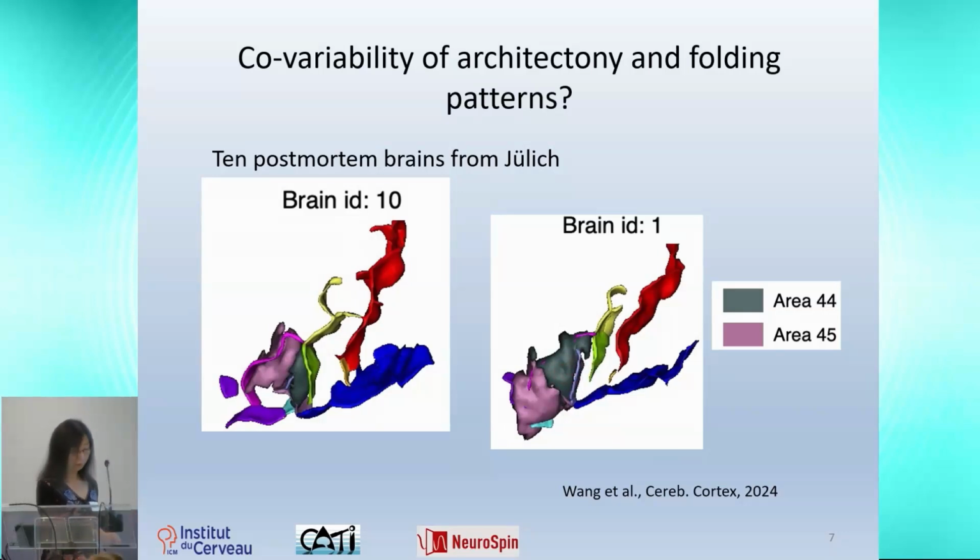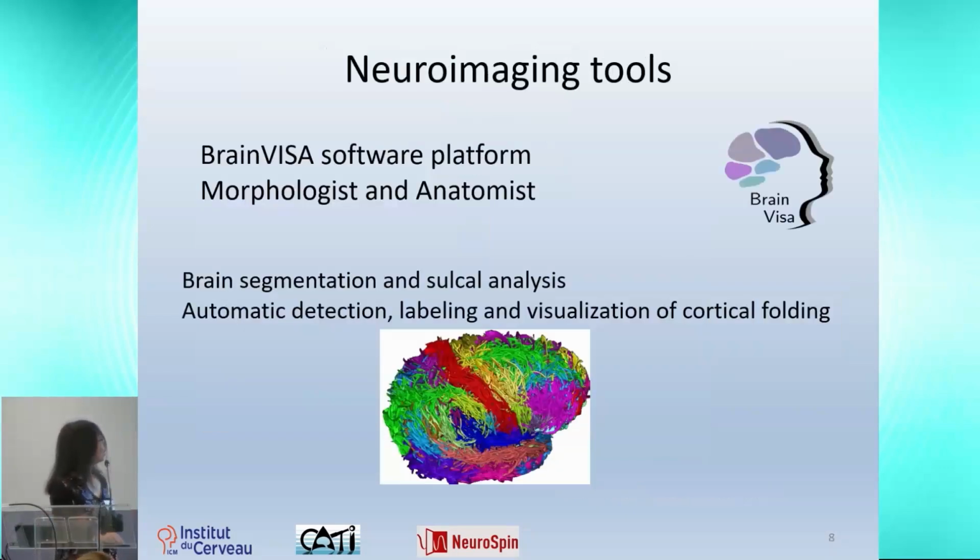of the Sylvian fissure. The tool that we used was developed in Neurospin. It's called the BrainVisa software platform. There was a talk by Denis Rivière at the workshop to introduce the software used by morphologists and anatomists for brain segmentation, sulcal analysis, automatic detection, labeling, and visualization of cortical folding.